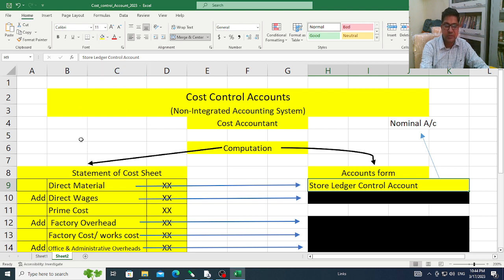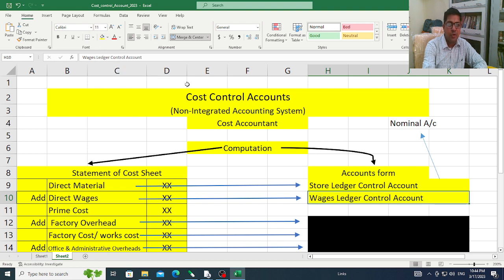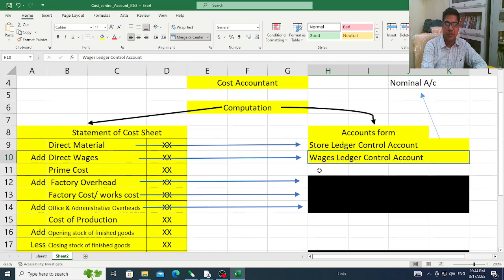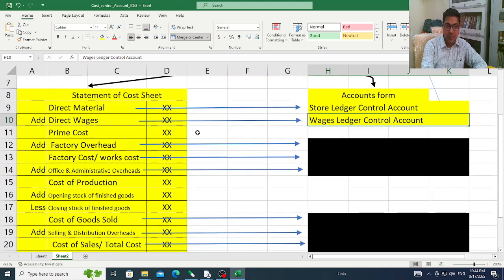Direct wages, or direct labor, the wages related to production activities, we will change the form and call it the wages ledger control account in our cost control accounting system.